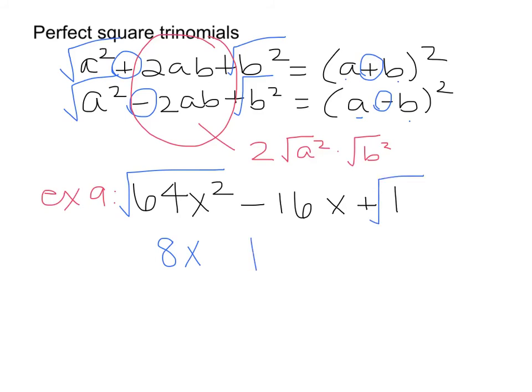So now I would check. 8 times 1 is 8, but remember this middle term is also multiplied by 2. So 8 times 1 is 8, times 2 gives me 16. So this is a perfect square trinomial. All you do is bring down that minus sign, put parentheses around it, and square it. And that's how you factor 64x squared minus 16x plus 1.